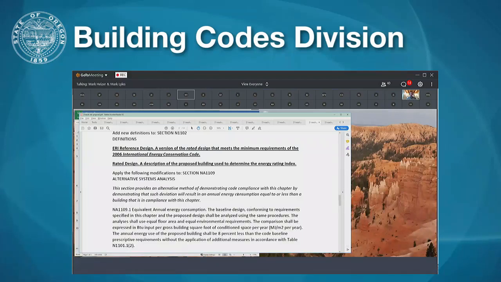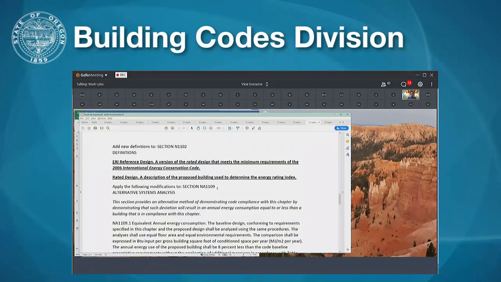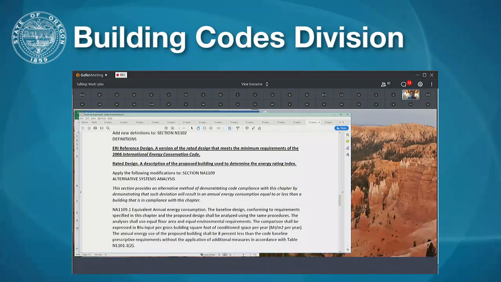Sure. Mark Lyles here. So this would be a secondary performance methodology for complying with the REACH code that basically uses the ERI approach, which would introduce the ERI approach to the Oregon code, where it is not currently.